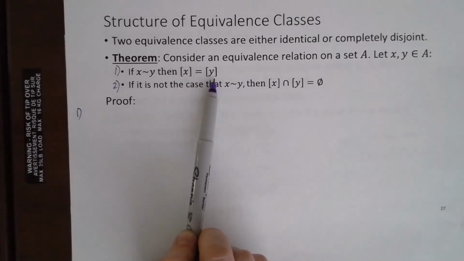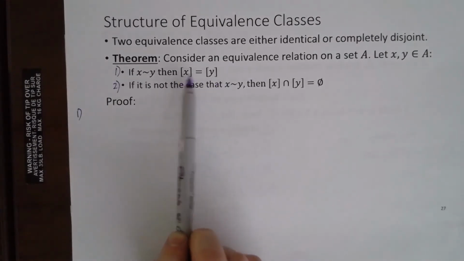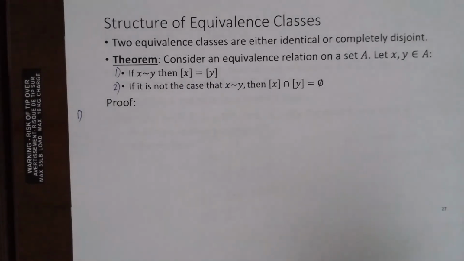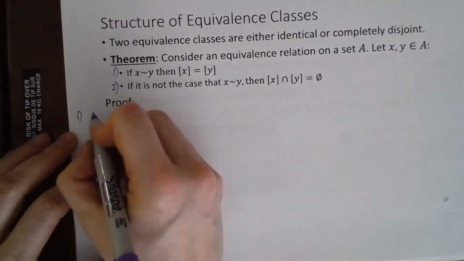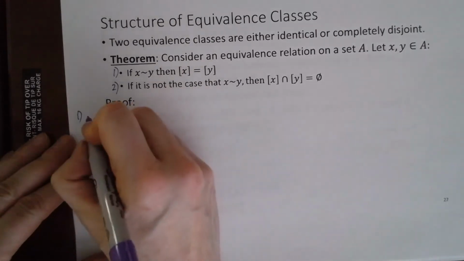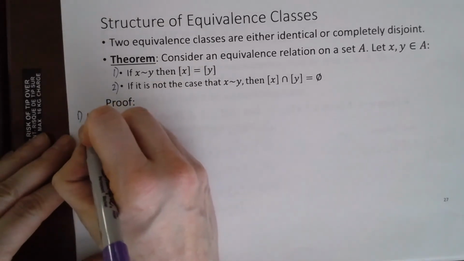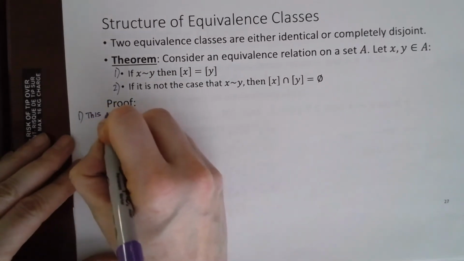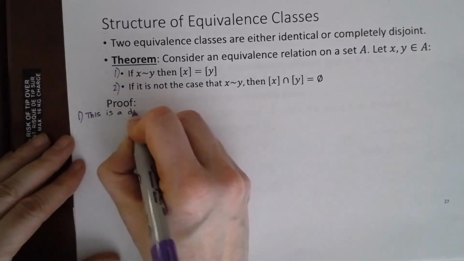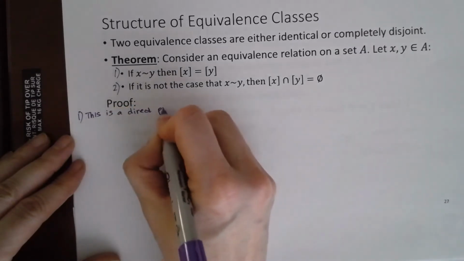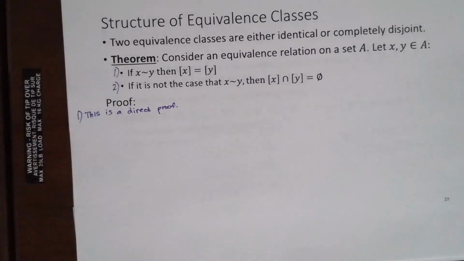Because that's the definition of equality. So that's where we're going. Should we say that this will be a direct proof? That will help you keep track of what we're doing.